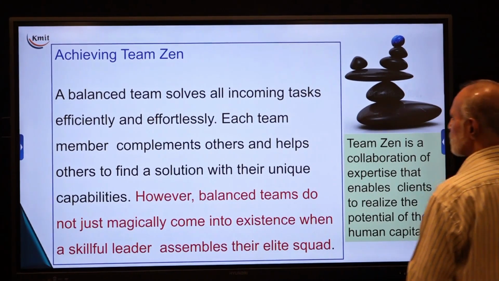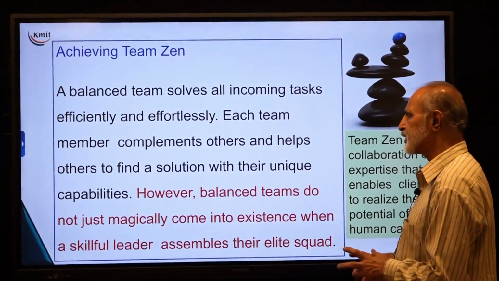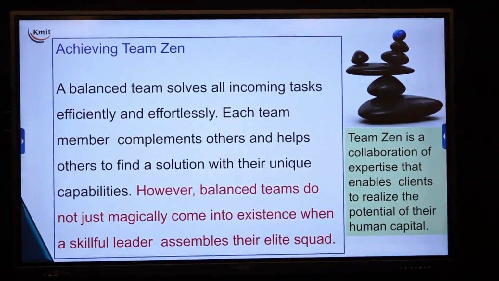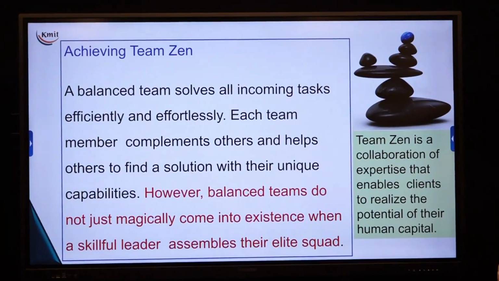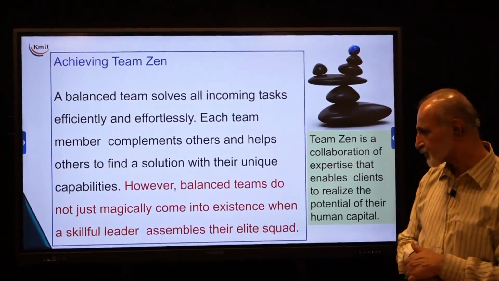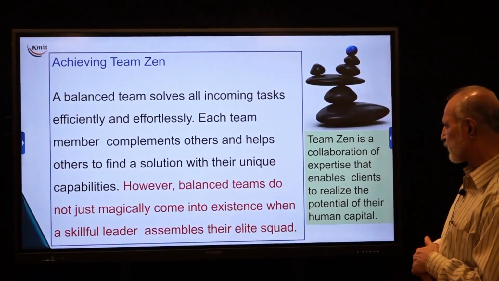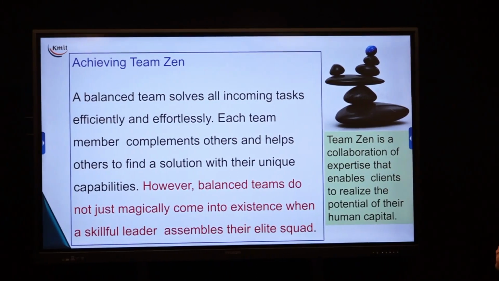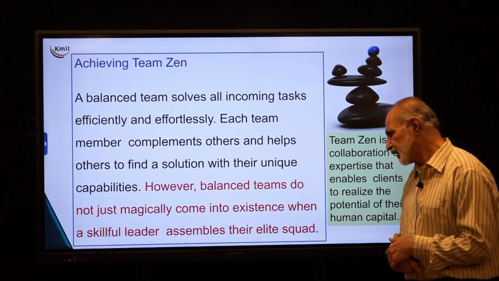A balanced team solves all incoming tasks efficiently and effortlessly. Each team member complements the others and helps others to find a solution with their own capability or the capability which uniquely they possess. However, a balanced team does not just magically come into existence when a skillful leader assembles an adequate squad.